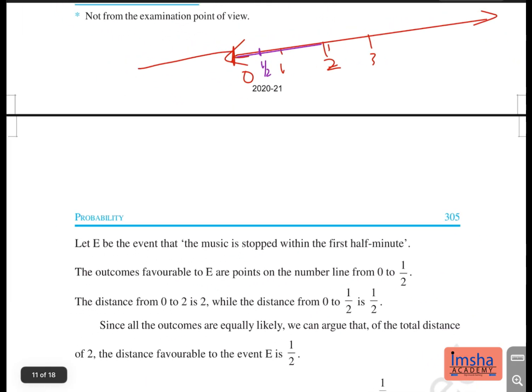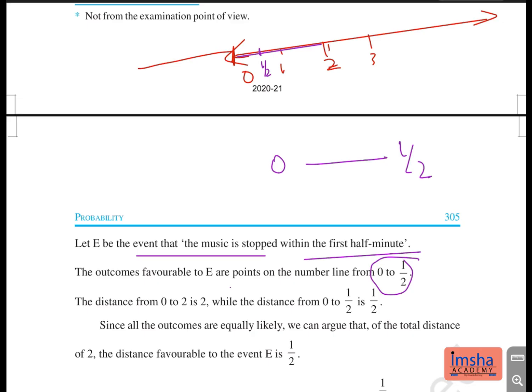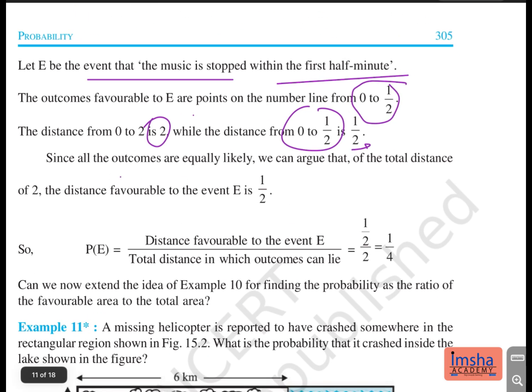So let E be the event that the music is stopped within the first half minute. The outcomes favorable to E are the points of the number line from 0 to half a minute, meaning it can stop anywhere between 0 and half, or at the half. The distance from 0 to 2 is 2, right? Whereas the distance from 0 to half is half. Since all outcomes are equally likely, we can argue that out of the total distance of 2, the distance favorable for the event E is 1 by 2.